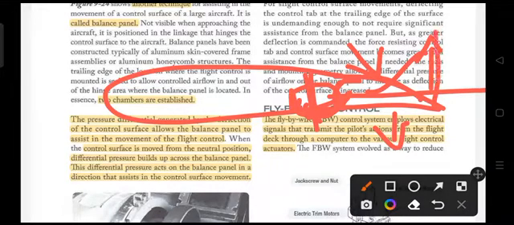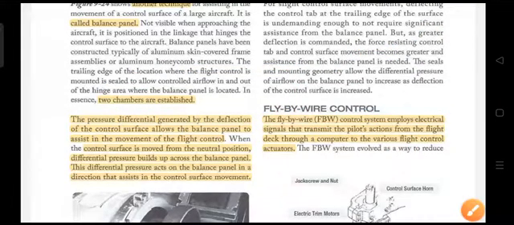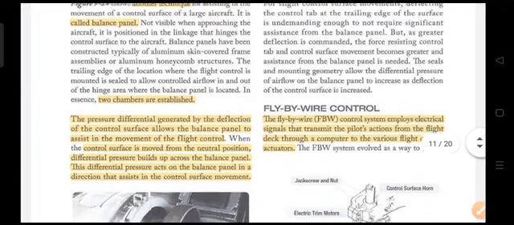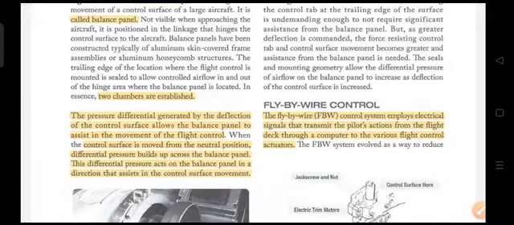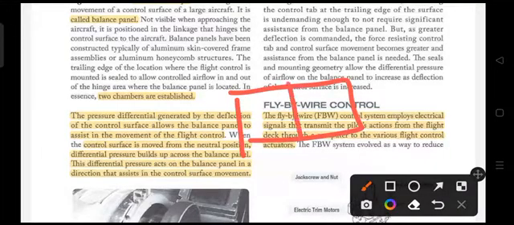But the moment we move the control surface, let's say up or down, that will further create some pressure inside those two small chambers, which are holding the pressure, and that will be stored in the form of energy.